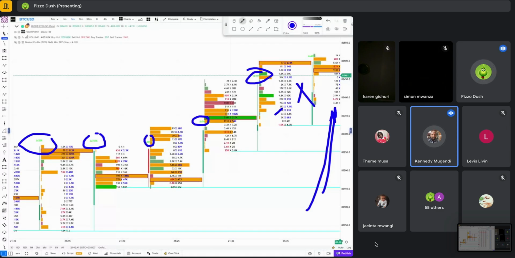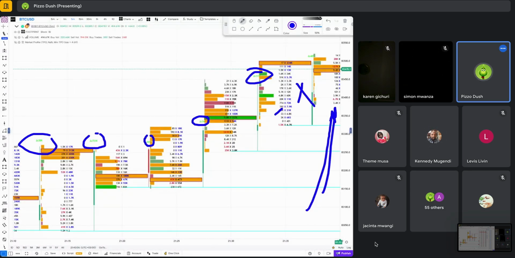Niko na swali, but yangu nikiset naona inaleta just the last bars. Ndio zinaweka hizo deltas. Ndio inaweka hiyo data. Hizo bars, hizo candlesticks za previous hazireti any data.